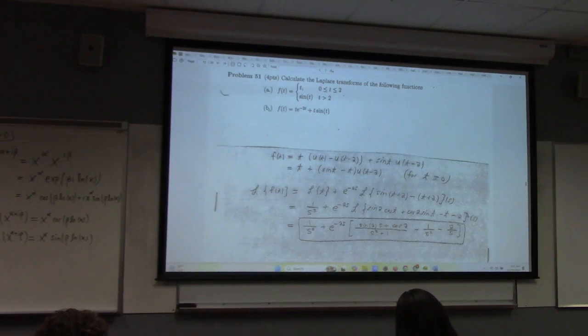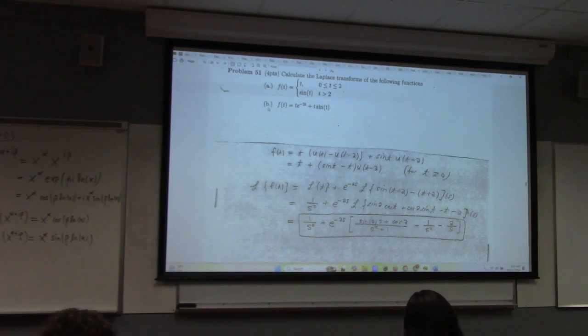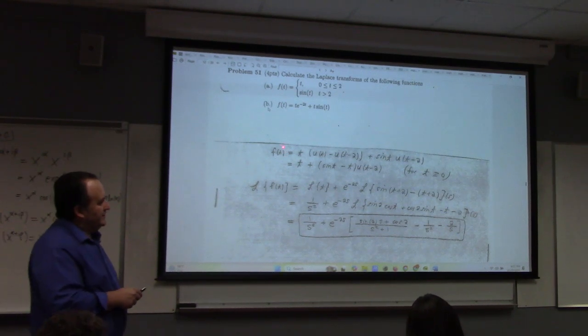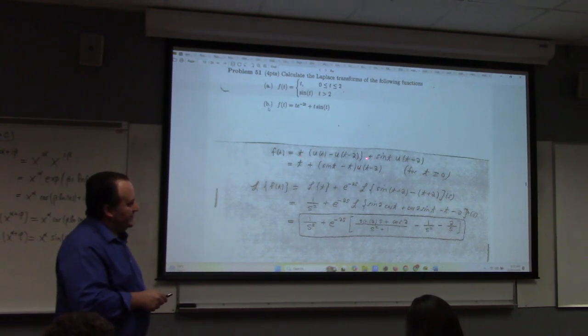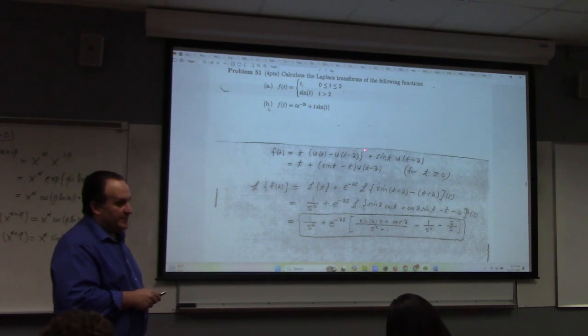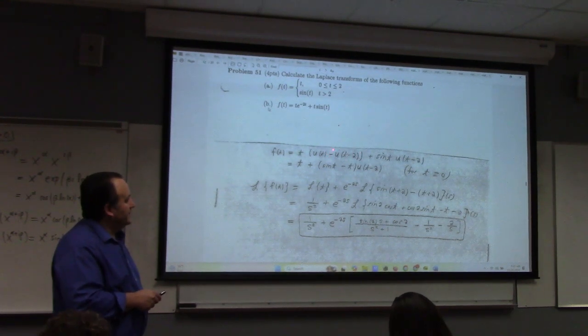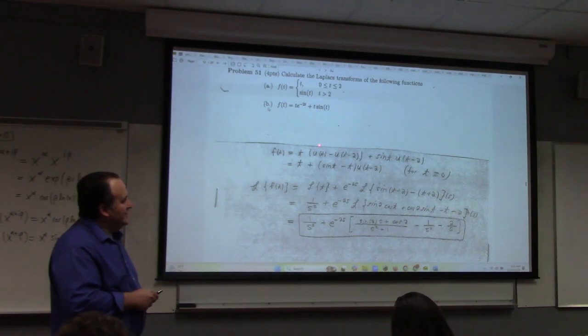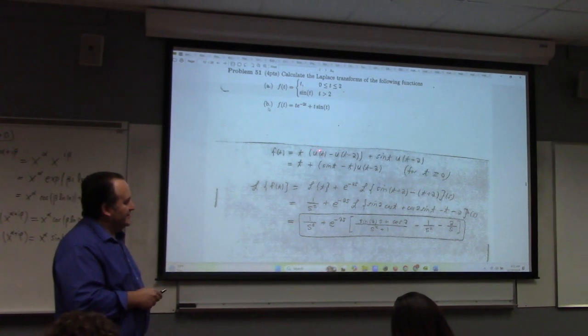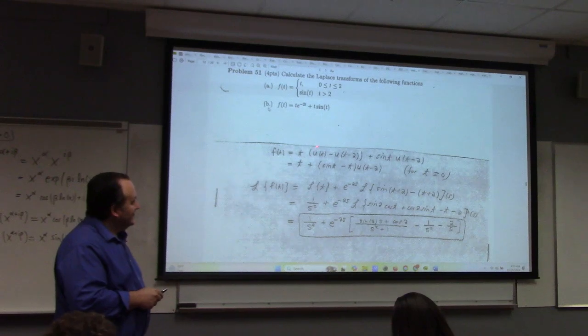Another important thing that you must know is how to convert from a case-wise defined function to a sum of functions times unit step functions. If you forget what u of t means on the test, I'm going to tell you, but I'm not going to be happy.